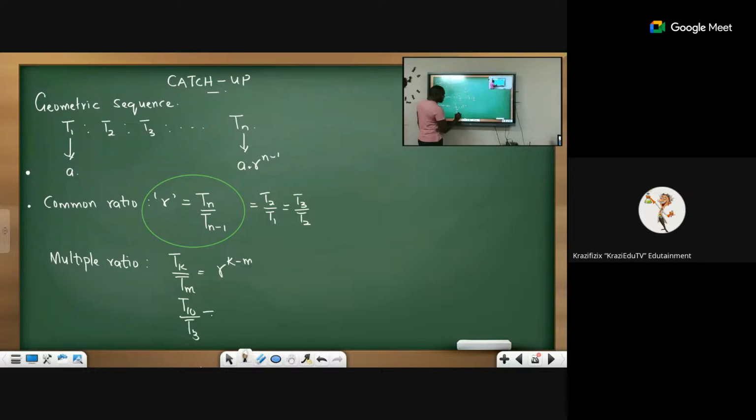What would I say? This is R to the power what? 7. Why? 10 minus 3 would give me 7. So that's a short form of getting your answer. For difference, we said Tk minus Tm. Now we're talking about a ratio.